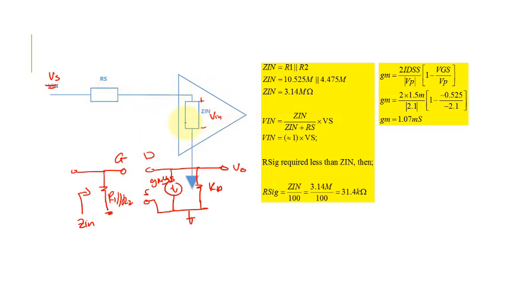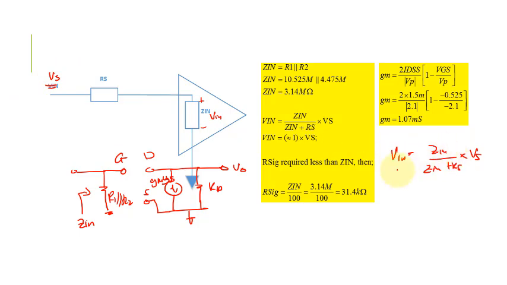We do the voltage divider. We see these two resistors, RS and our input impedance Z in, are in series. So in order to determine the value of V in, we use the voltage divider method. So V in is equal to Z in times our source voltage from the function generator.